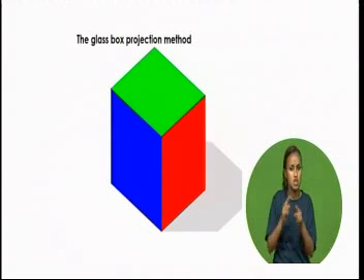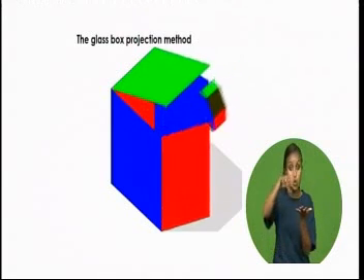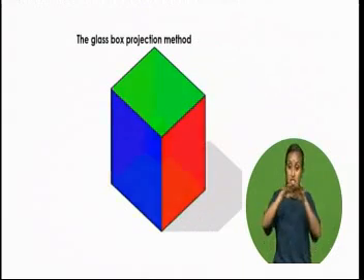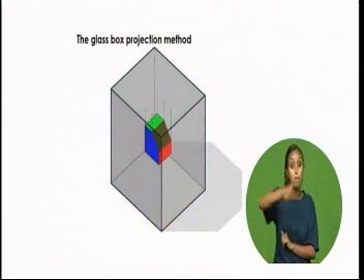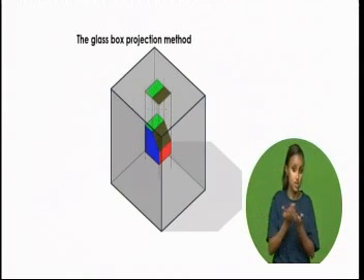Good. In today's lesson, we have seen the construction method of auxiliary views for three-dimensional objects. Let's briefly revise what you have learned today. Among the different methods of projection, the glass box method helps in developing the 6 principal views of any object.